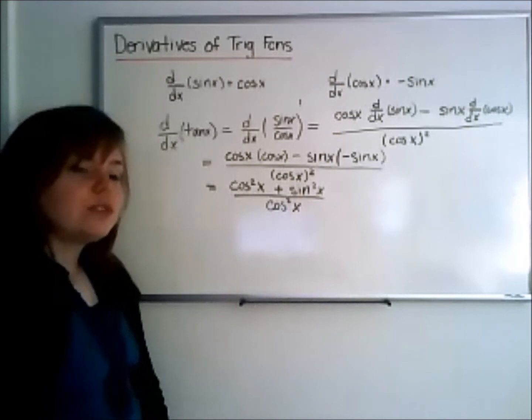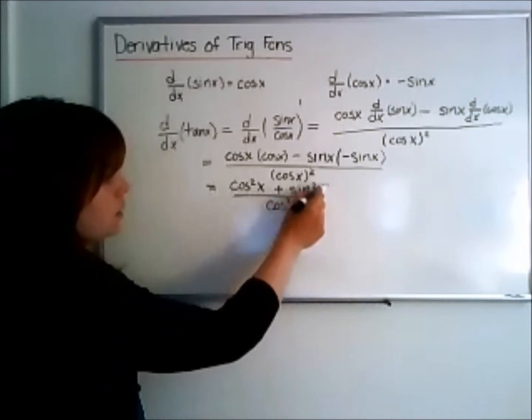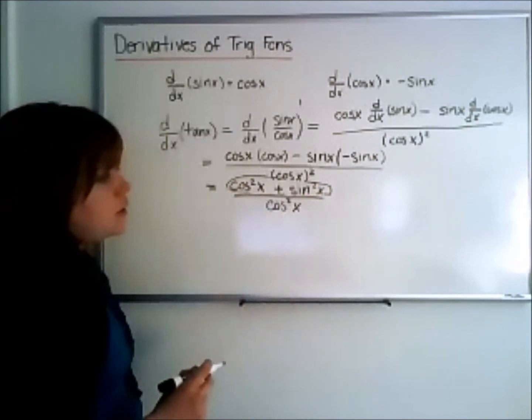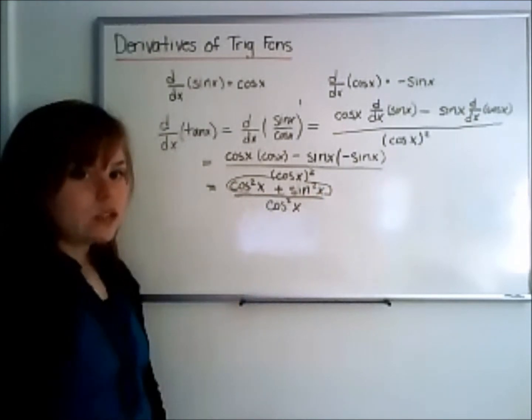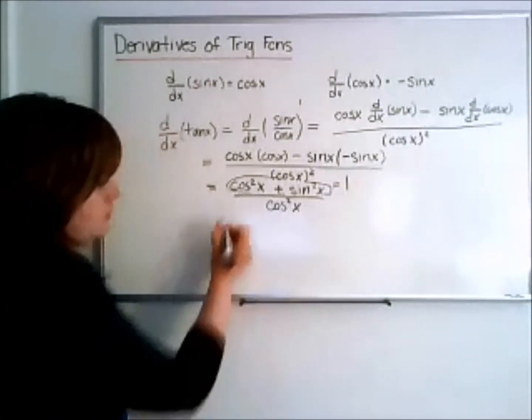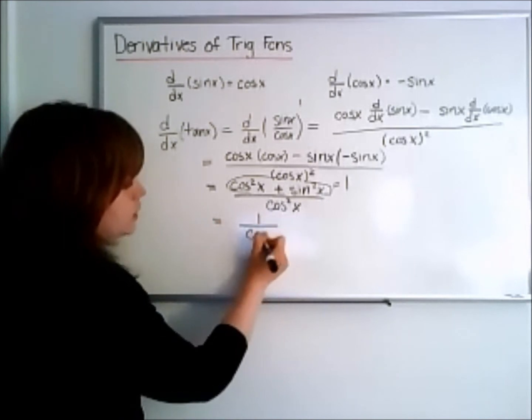We're going to use yet another trig identity. If you recall, you look at the numerator, there's a trig identity that says the cosine squared of x plus the sine squared of x is equal to 1. So simplifying even further, we get 1 over cosine squared of x.